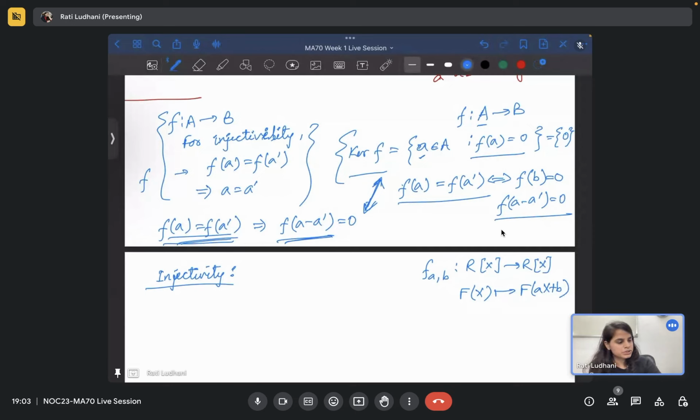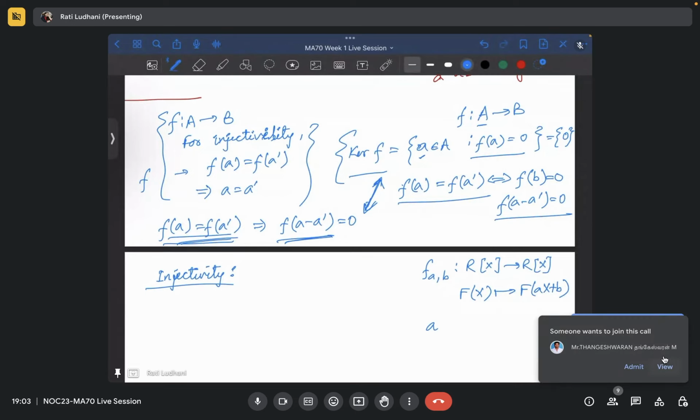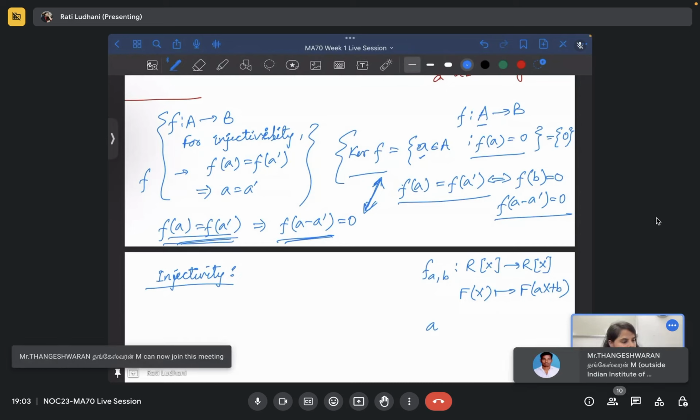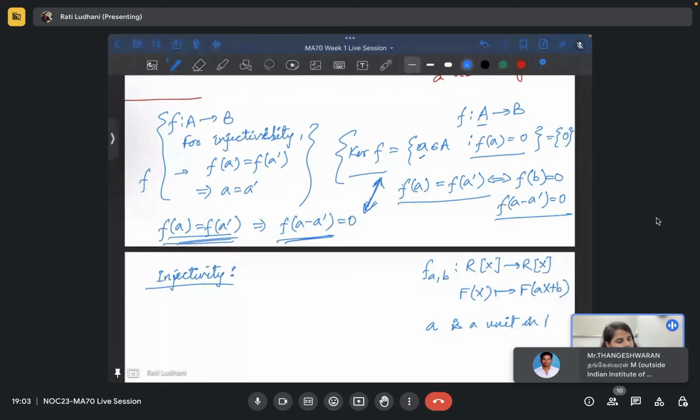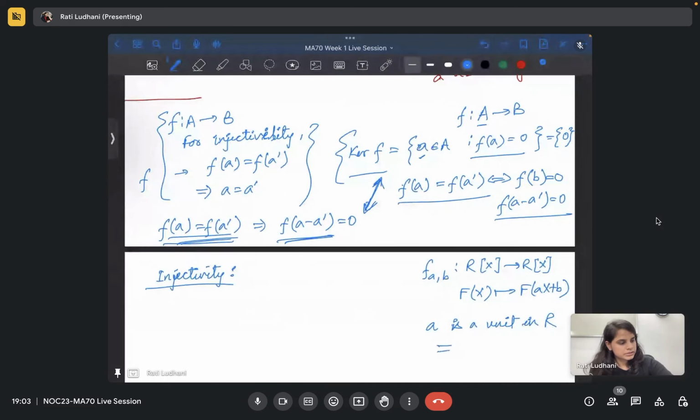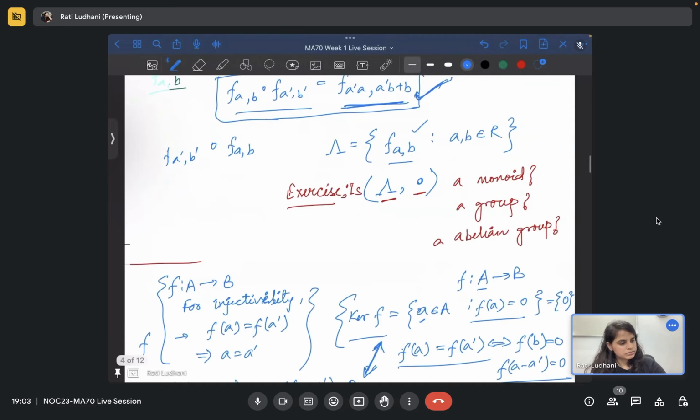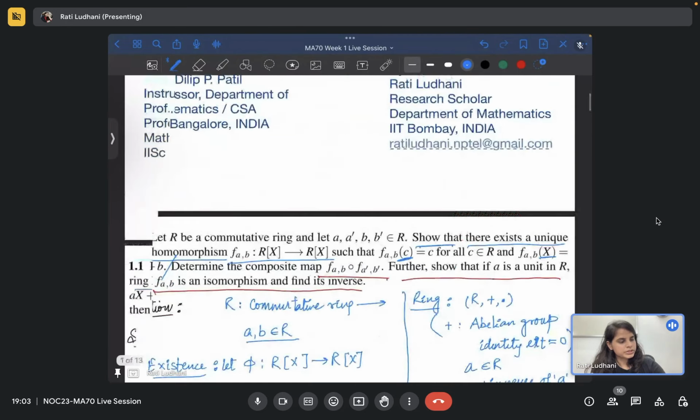What does it mean to say a is a unit in R? It means a has an inverse, so there exists some element in R. Yeah, a is a unit in R.